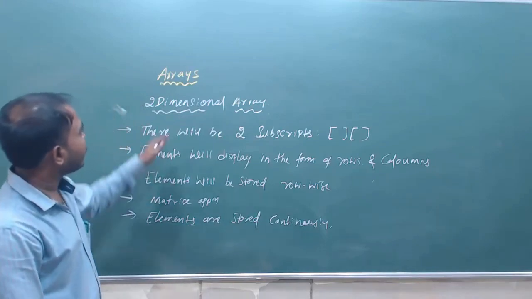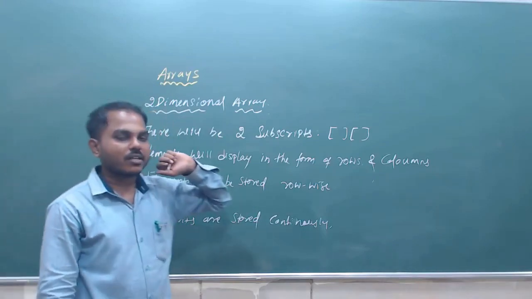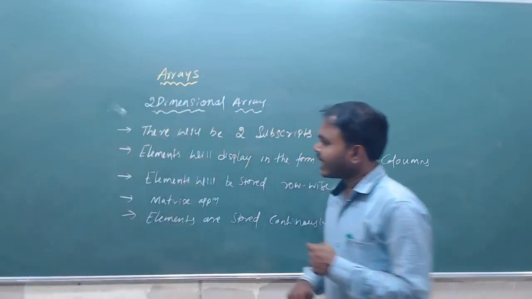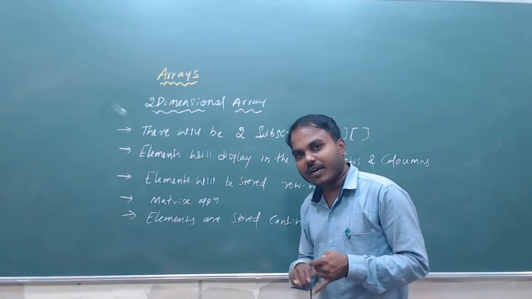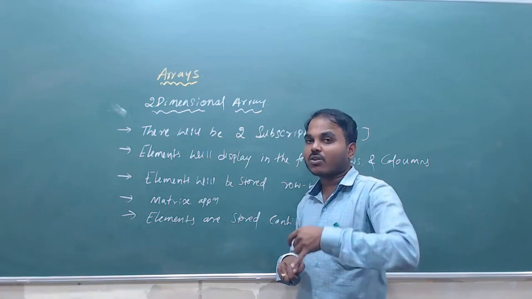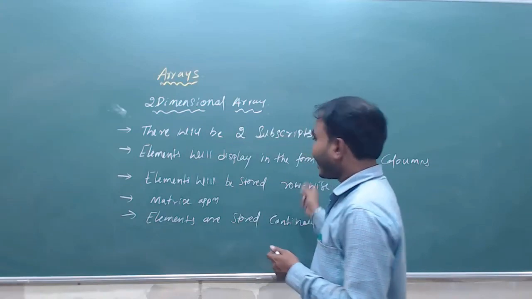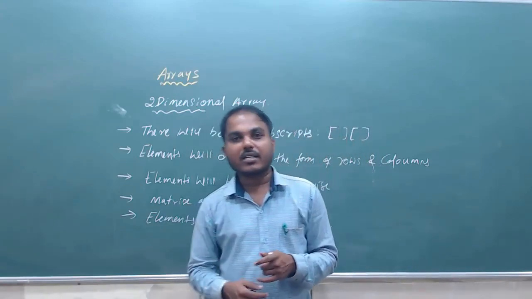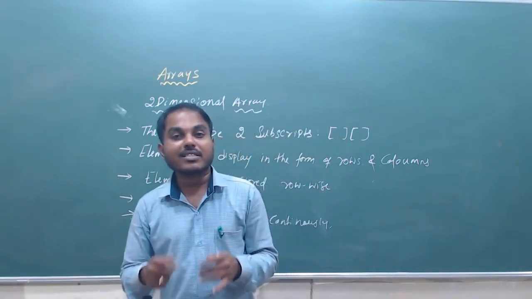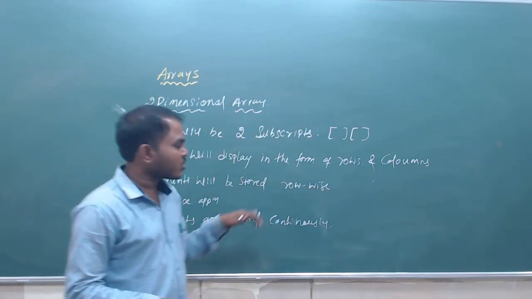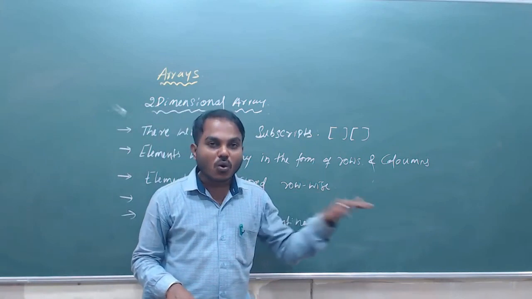So we can understand the two-dimensional arrays better. The first point is, there will be two subscripts. How to identify whether the given element is two-dimensional or one-dimensional: there will be two subscripts, and the elements are displayed in the form of rows and columns, that is nothing but a tabular form. The next point is, elements are stored row wise.